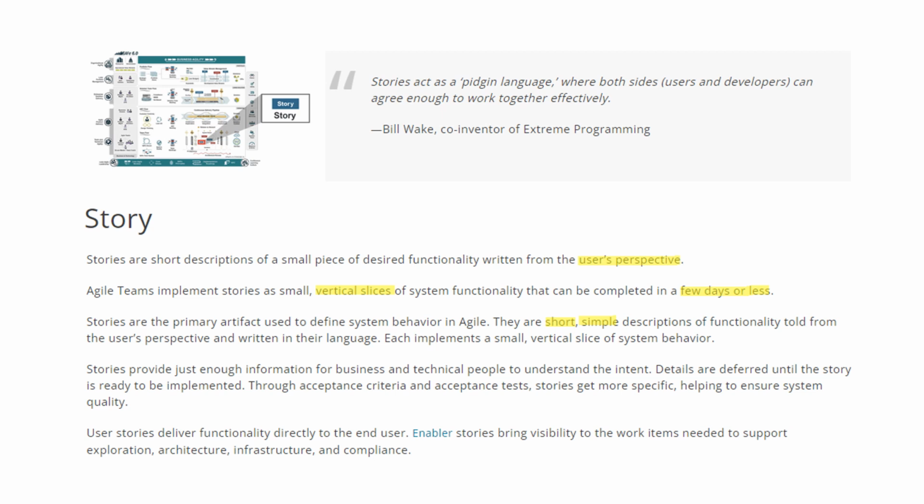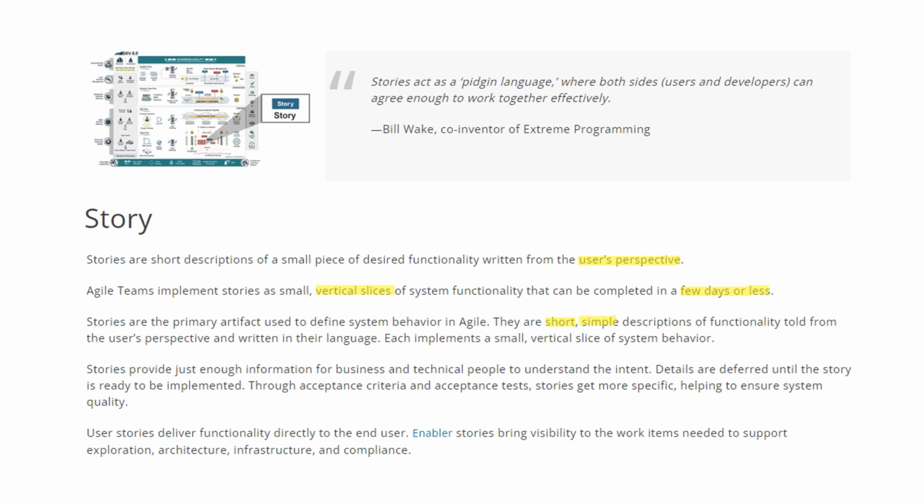So stories are short descriptions of a small piece of desired functionality written from the user's perspective, right? So agile teams implement stories as small vertical slices of system functionality that can be completed in a few days or less.